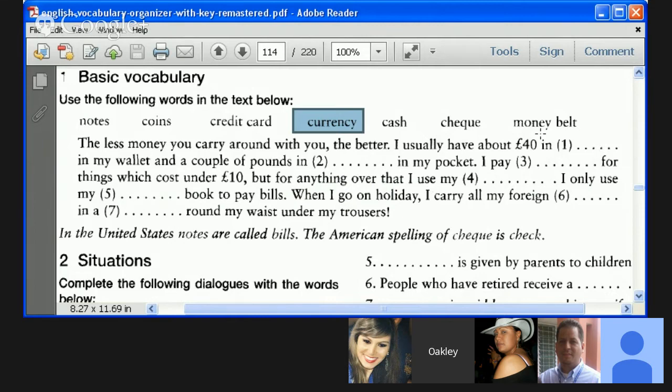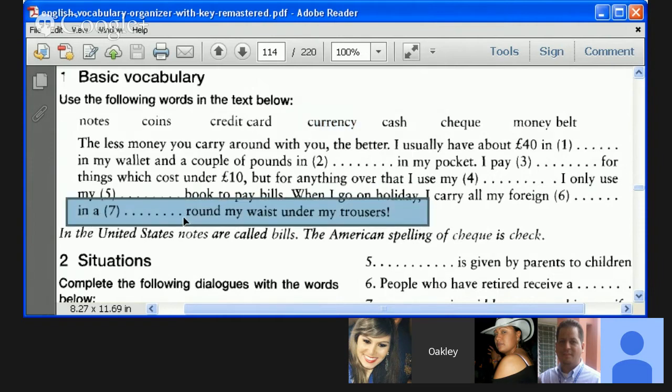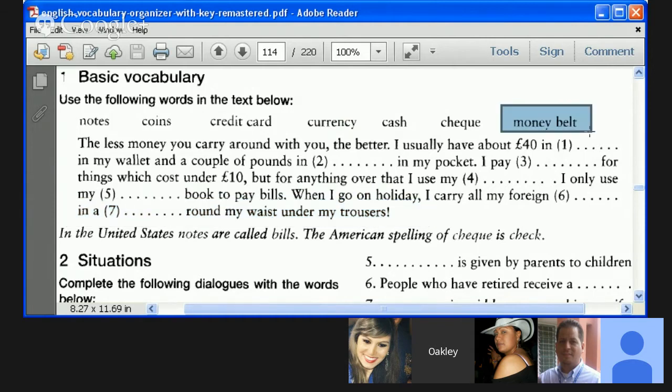In a money belt around my waist, under my trousers. Okay, under my trousers. A money belt is kind of a secret way. It's attached to your body, so nobody can steal it unless they take your clothes off.